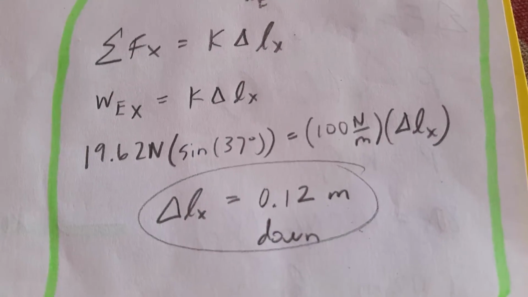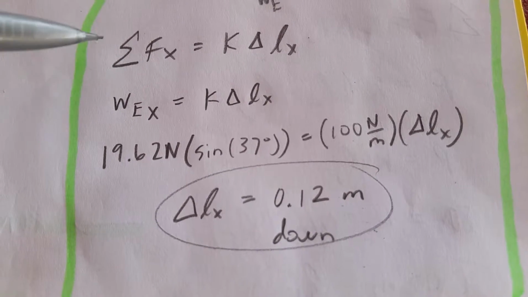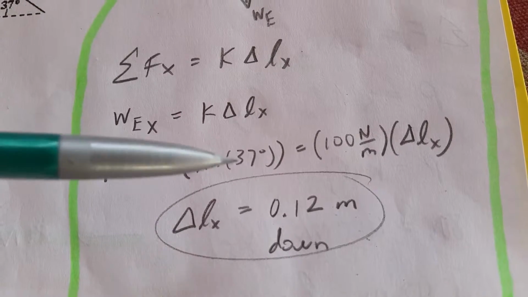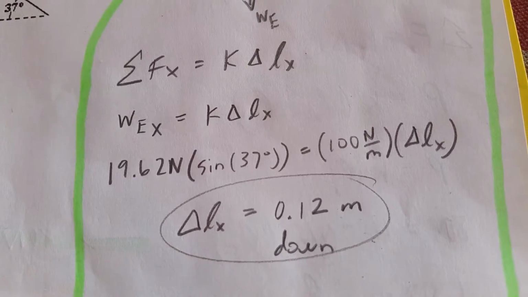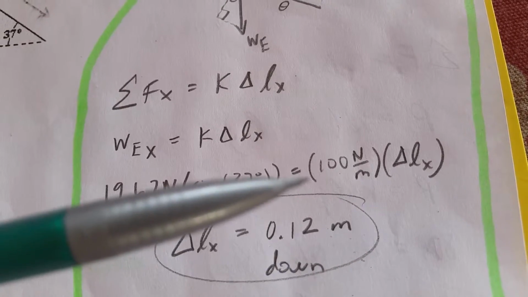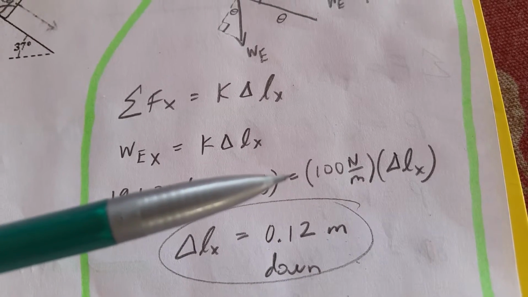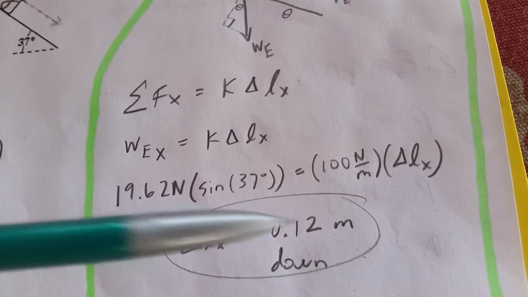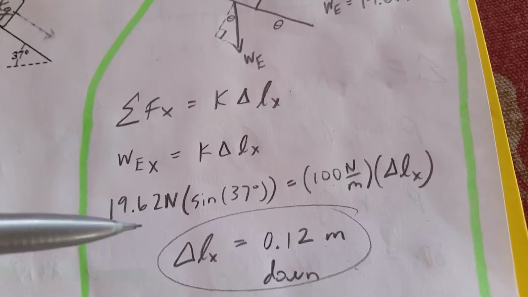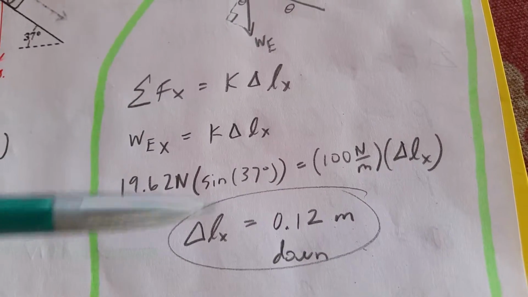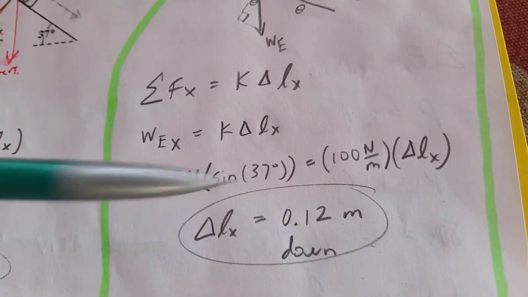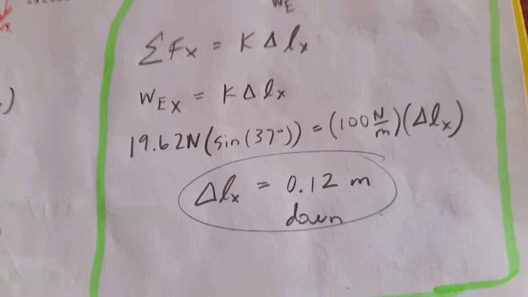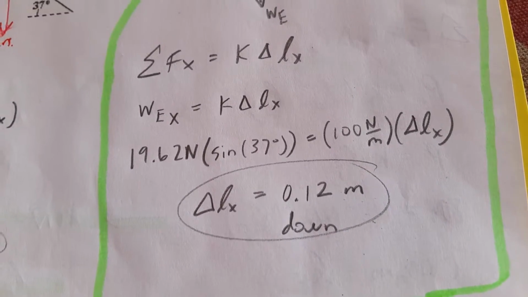That is what you get on the left side, and then the right side you just bring down the entire way, and you're trying to solve for the change in L. The constant is 100 newtons per meter. So plugging in what I told you before and then the 100, you just divide this number by the 100, and then you end up getting 0.12 meters down the ramp, or down the incline, for the change in L.